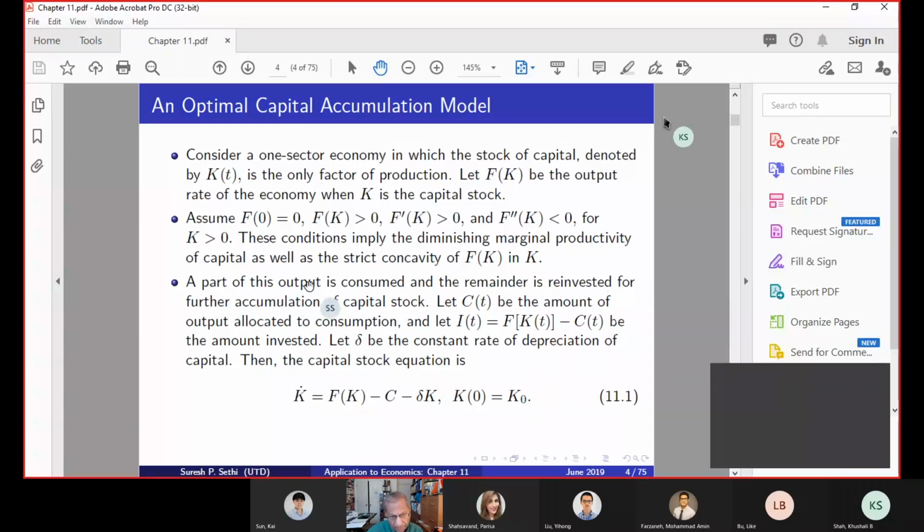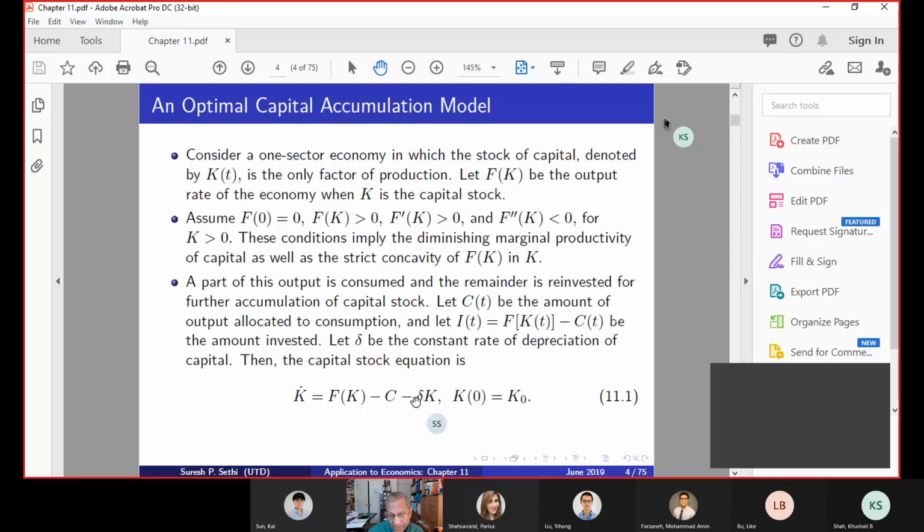And part of the output is consumed. So if you look at the way the capital grows, K dot grows because I produce out of the capital, so that's the total production out of the capital. But part of the output is consumed, so I subtract C, and a part of capital depreciates.